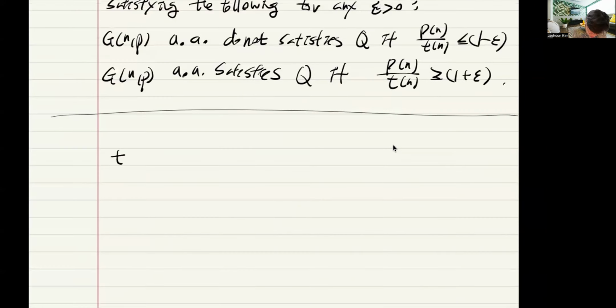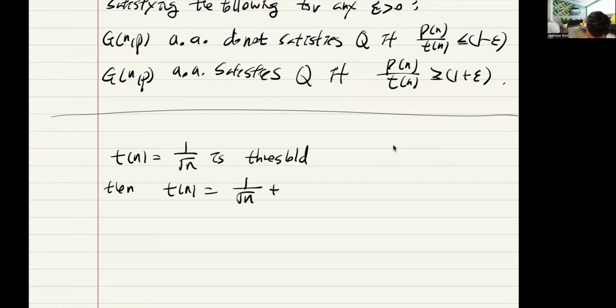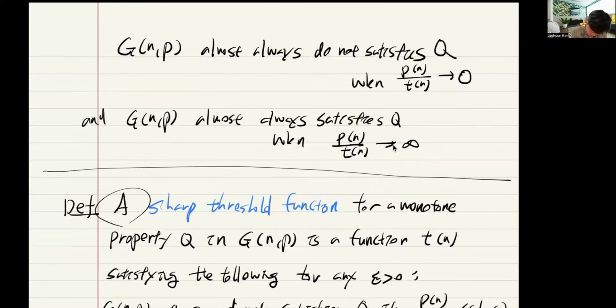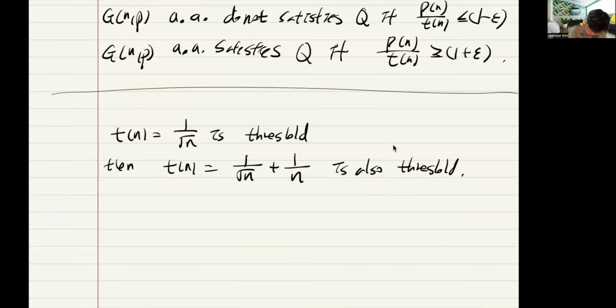For example, if a constant times n, or 1 over square root of n, is a threshold or sharp threshold, then we immediately know that this is also a threshold.